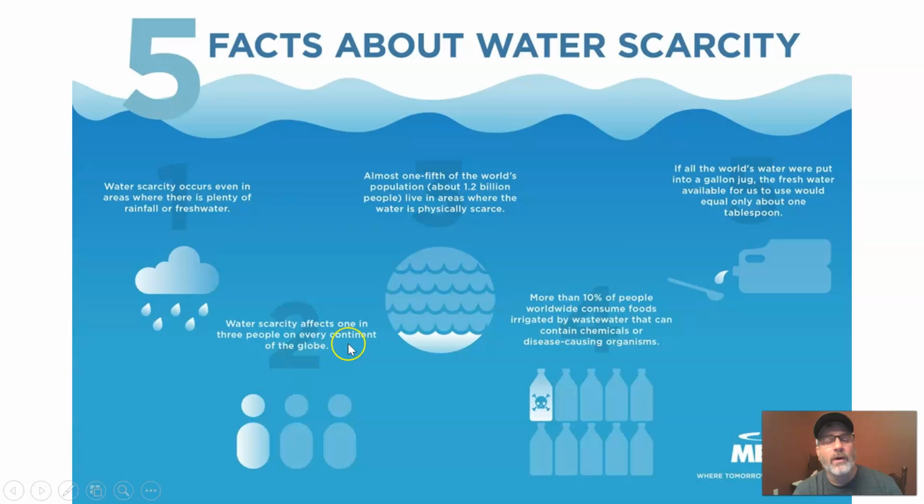Worldwide, 1 out of every 3 people are not going to have access to enough clean drinking water. We have more than 10% of people worldwide, in fact, who are drinking water that has things in it that might be poisonous for them, that might be bad, that's contaminated.